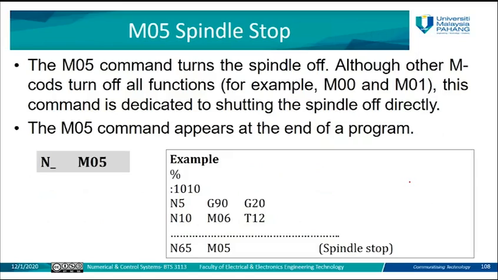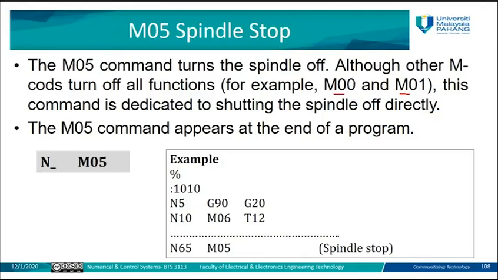M05 is used to turn the spindle off. We already ran the spindle clockwise or counterclockwise, but then we want to stop it, so we can use M05. Although other M codes like M00 or M01 turn off all functions, this command is dedicated to shutting the spindle off directly.